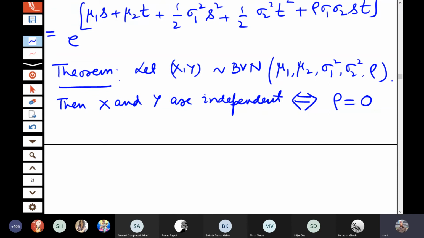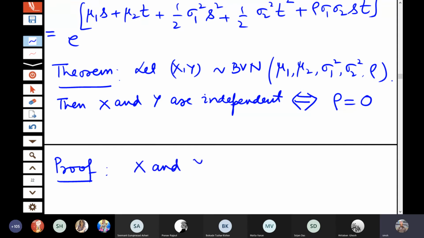So if rho is 0, then x and y will be independent, and if x and y are independent, rho is 0 in the case of a bivariate normal distribution. For proving this result, you can actually make use of the joint MGF.